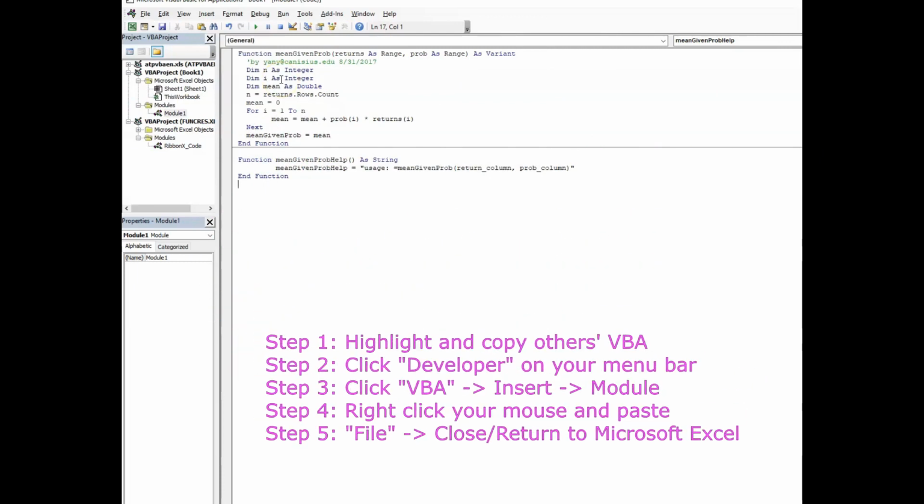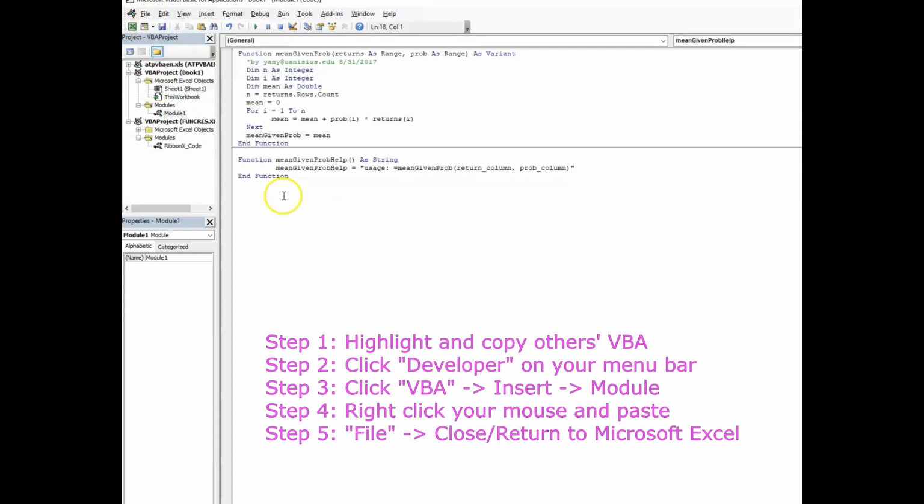Copy other people's VBA. Launch your Excel, click Developer, click VBA on the left hand side, click Insert, click Module, then click File, and then close.